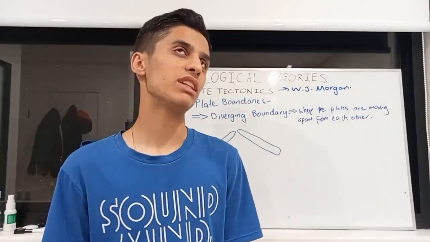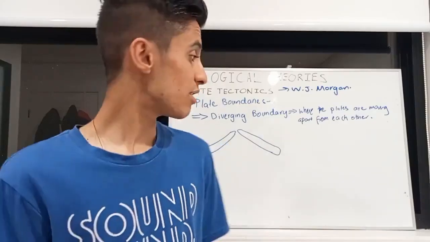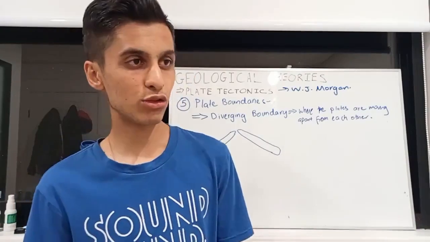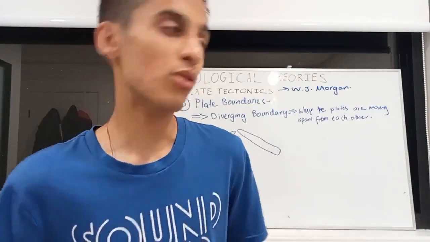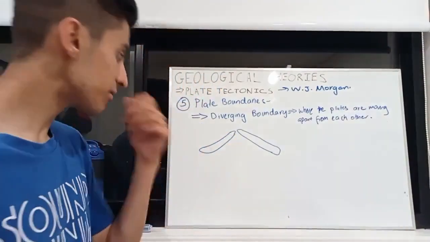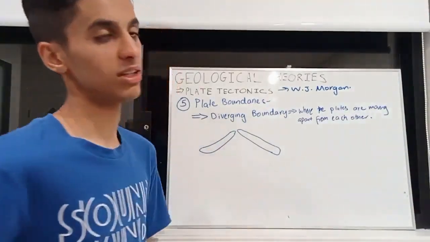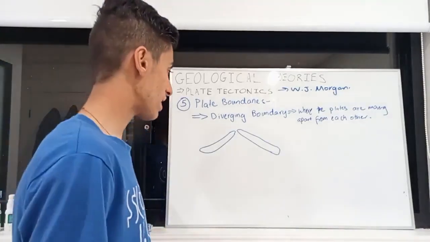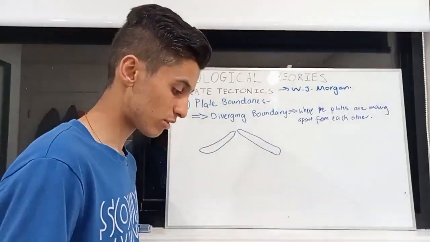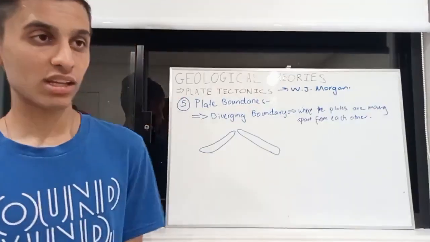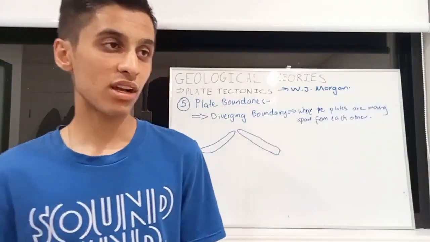This can also, in some very rare cases, refer to just two pieces of continental crust with magma coming from underneath. But anyway, let's look at diverging boundaries in terms of the ocean, because that's where they're most prominent.